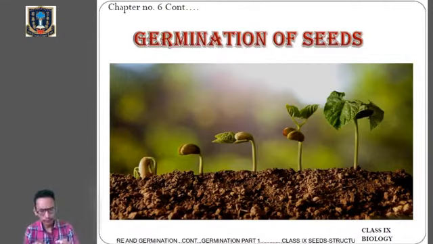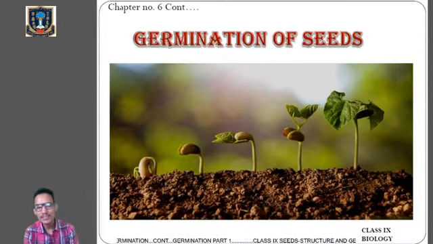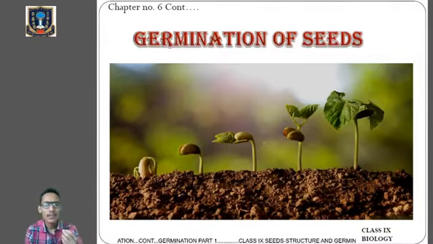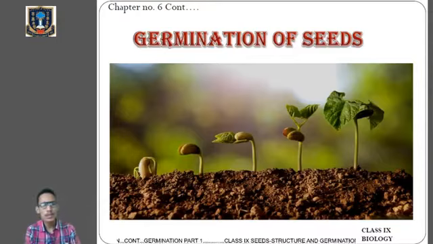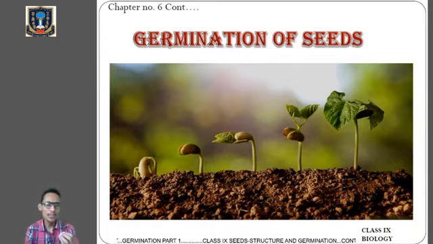Now, when we observe the seed from its external appearance, we will see that the seeds are inactive, without life. There will be no sign of any life when we see the seeds from the outside.